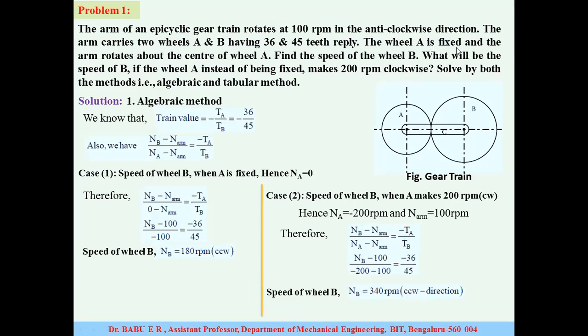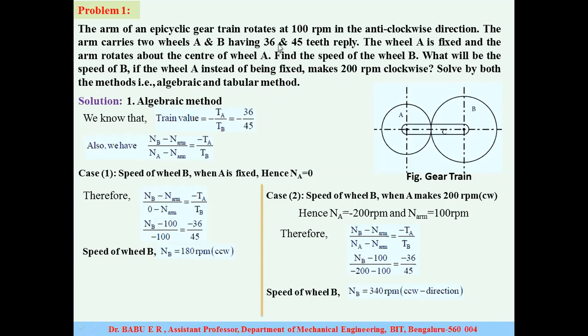The wheel A is fixed and the arm rotates about the center of wheel A. Find the speed of wheel B. What will be the speed of B if the wheel A, instead of being fixed, makes 200 rpm clockwise? Solve by both the methods, that is algebraic and tabular method.